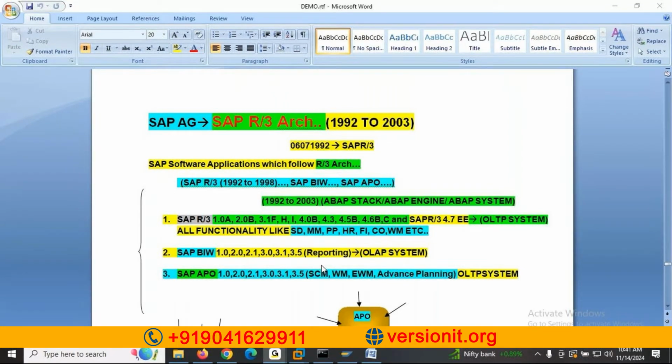Write down: architecture of SAP software applications designed between the time frame of 1992 to 2003.